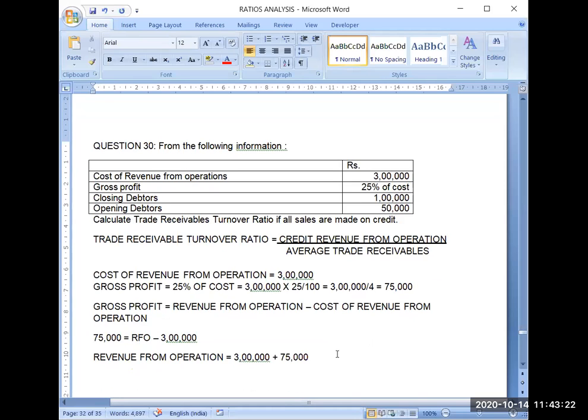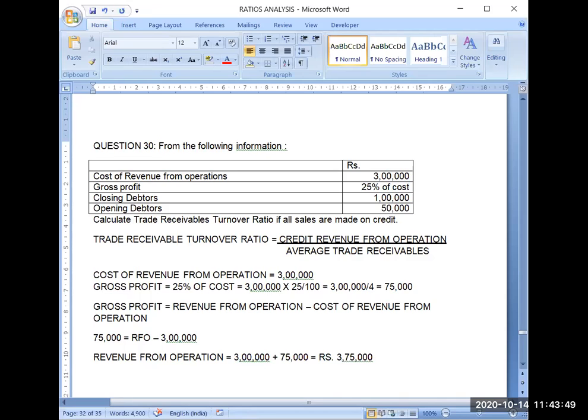So it will become equal to rupees 3,75,000. So I got revenue from operation now with the help of this information. And the question has clearly told that you can assume that all sales are made on credit. Even if it is not written, I will assume that revenue from operation is credit revenue from operation.